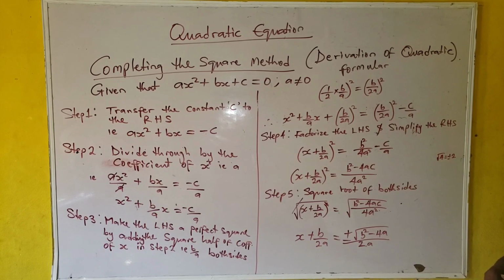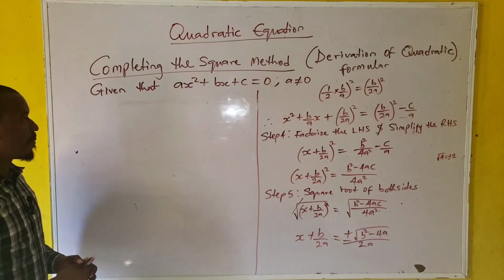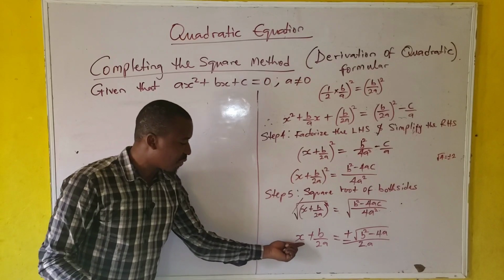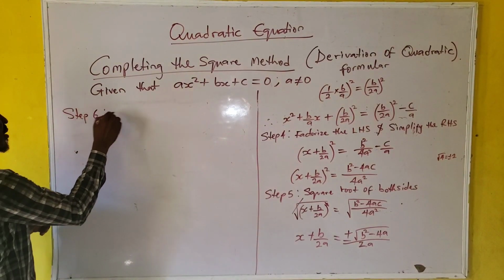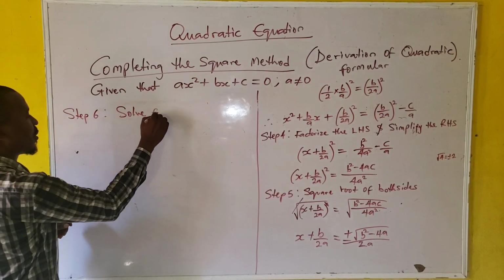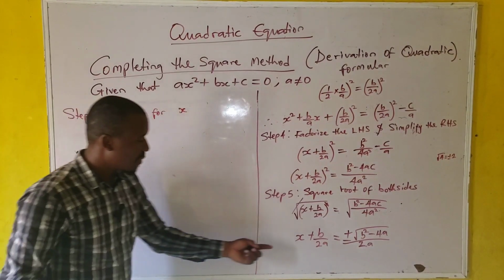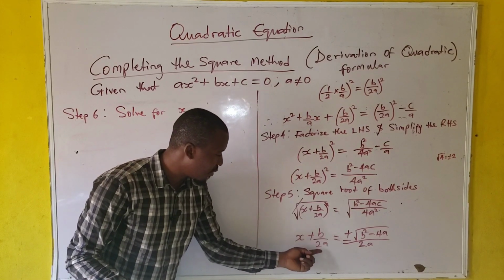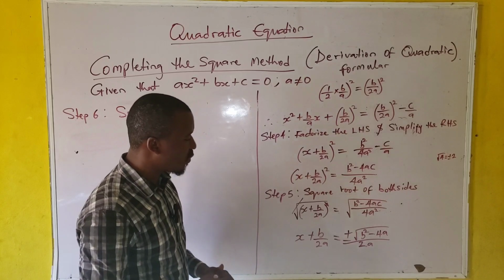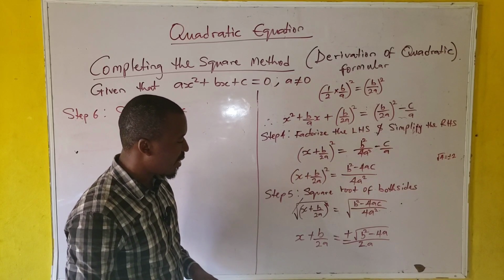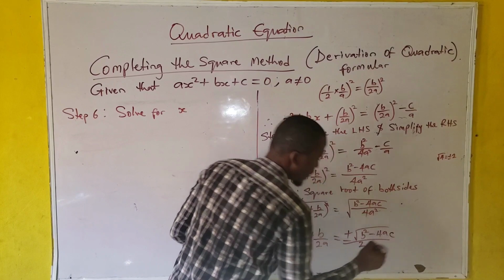So far so good. I hope you are copying down what you have so that when we start solving examples, you can follow the steps and solve along. The next step is to solve for x. So this is our step 6, solve for x. So we have x plus b over 2a equals plus or minus square root of b square minus 4ac all over 2a.